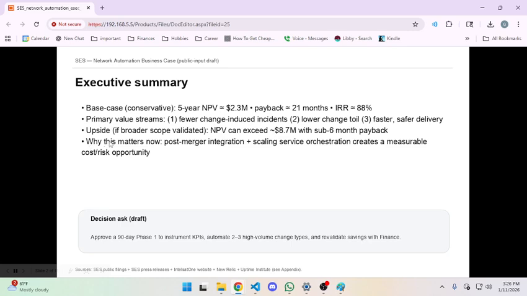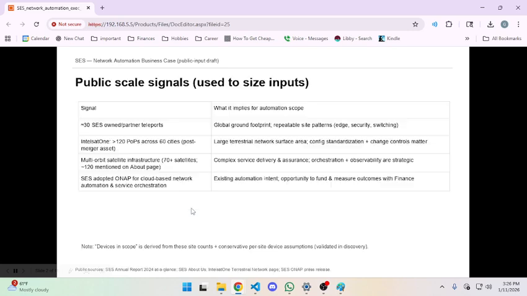So why this matters now? Post-merger integration and scaling service orchestration creates a measurable cost slash risk opportunity. So decision ask draft. Approve a 90-day phase one to instrument KPIs, automate 2 to 3 high volume change types, and revalidate savings with finance.